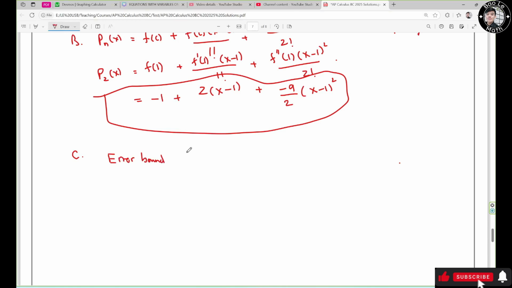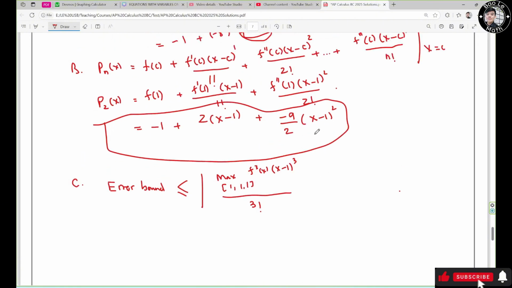It's going to be less than or equal to the absolute value of the maximum of the triple prime of s times (s minus 1) cubed, when s is between 1 and 1.1, divided by 3 factorial, right?